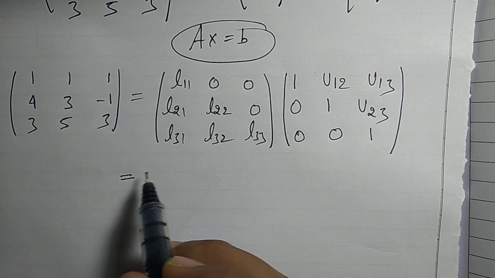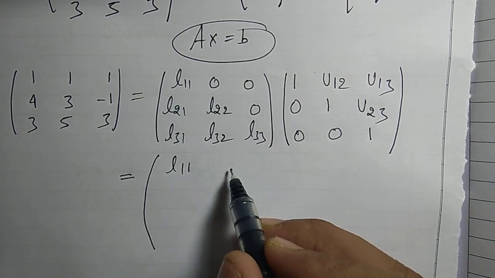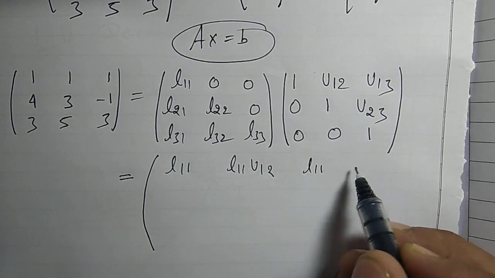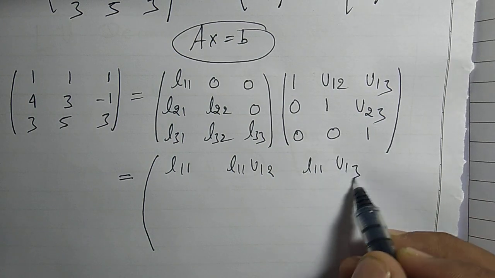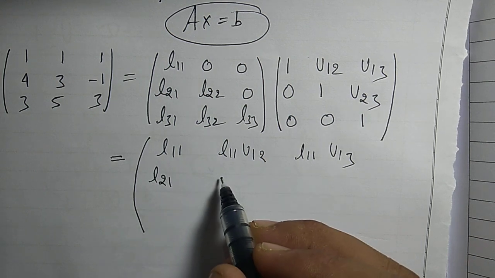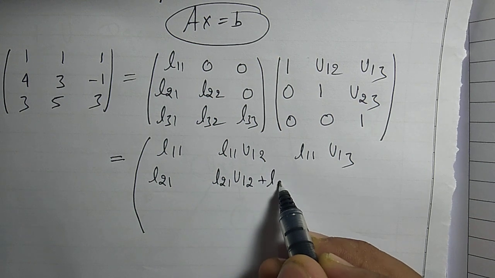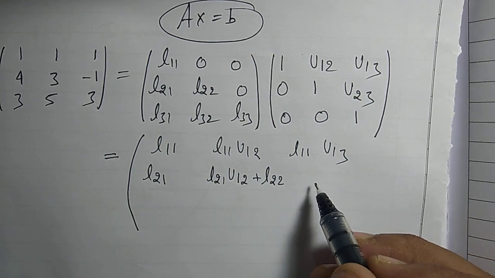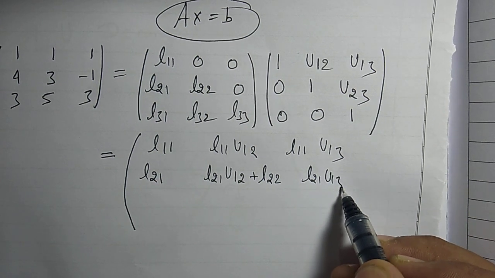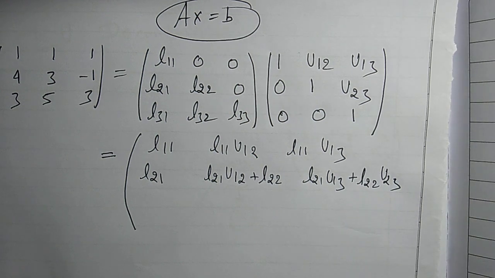So let us see. Your first row will be L11, L11 U12 and L11 U13. The second row will be L21, L21 U12 plus L22, and L21 U13 plus L22 U23.